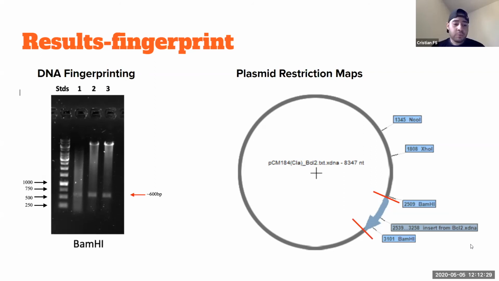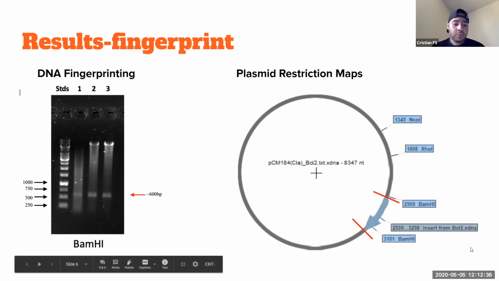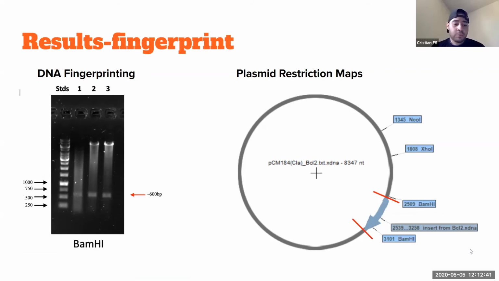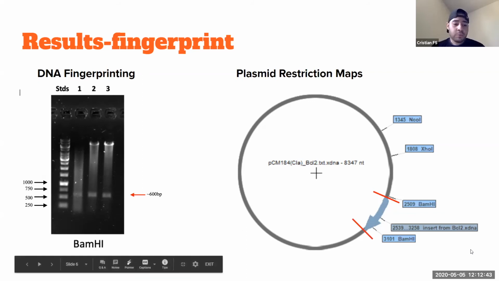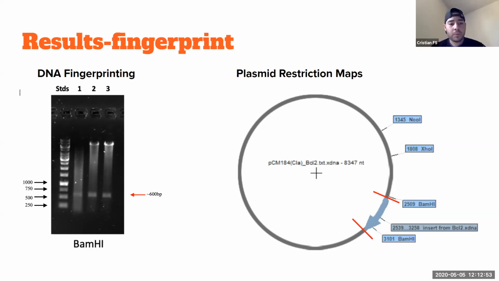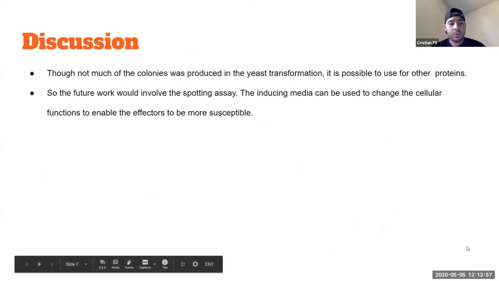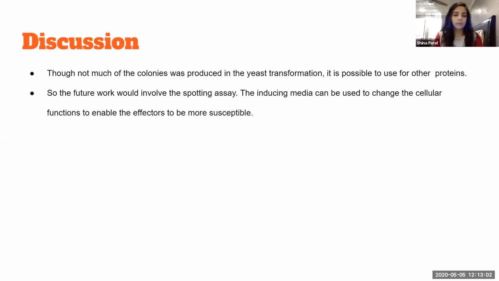The cuts were done roughly around the 2500th nucleotide and the 3100th nucleotide, giving us roughly a 600 base pair fragment, which can be seen as indicated by the red arrow on the fingerprinting image provided. All 3 of the samples have bands between the 500 and 700 nucleotide range, which is exactly what we wanted to see.